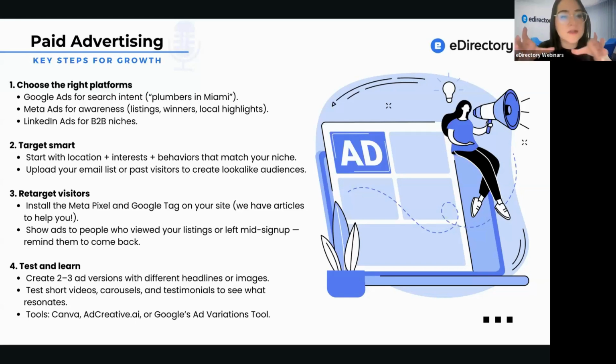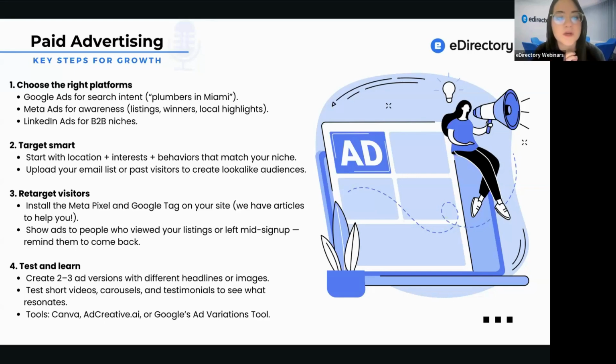So try to target it by location and try to find, through tracking and everything, people that have the interests that match your ads and also the behaviors. This is super important. This comes back to the persona. You have to understand who you're building for so you can optimize your ads to show to people that are really going to be interested in your business and everything.